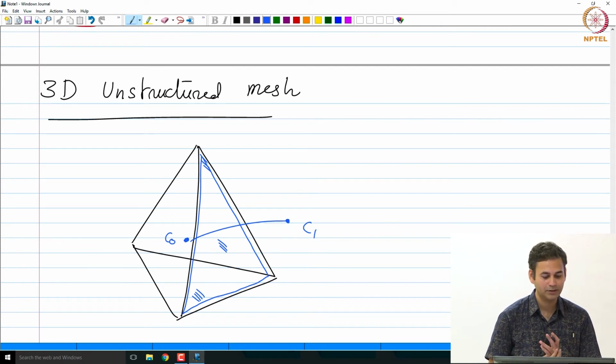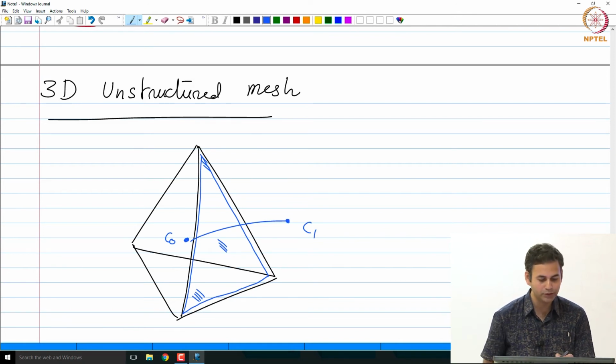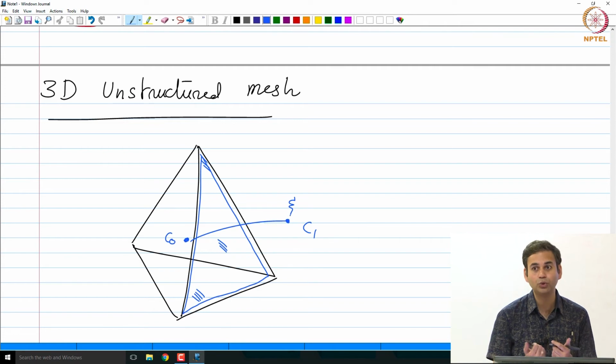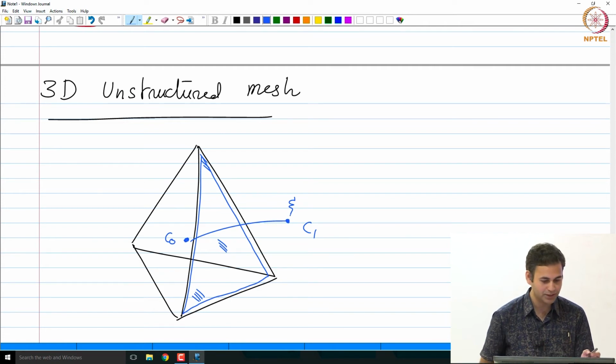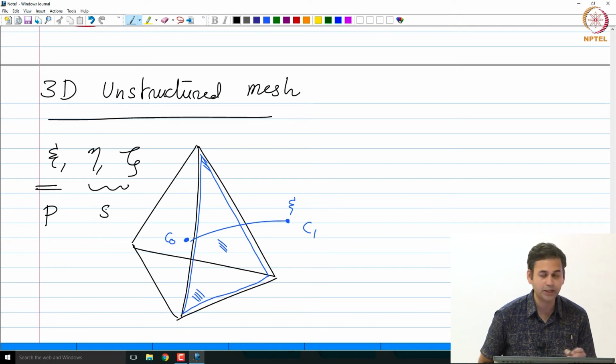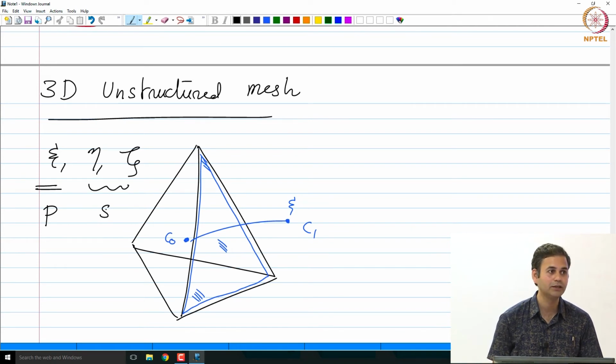There are 3 sides. So essentially what we have to do is, if we call this some xi direction, we would end up having two different directions, which, if we call them xi, eta and zeta, this is our primary direction, and these are our secondary directions.